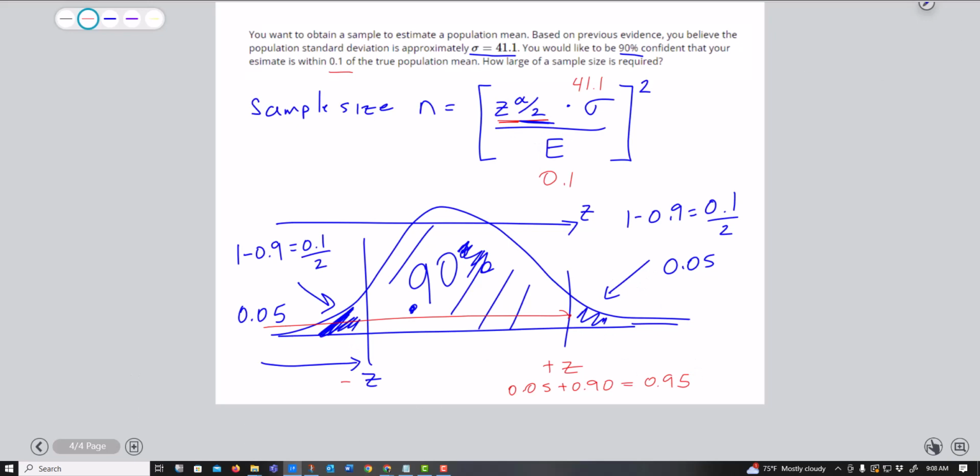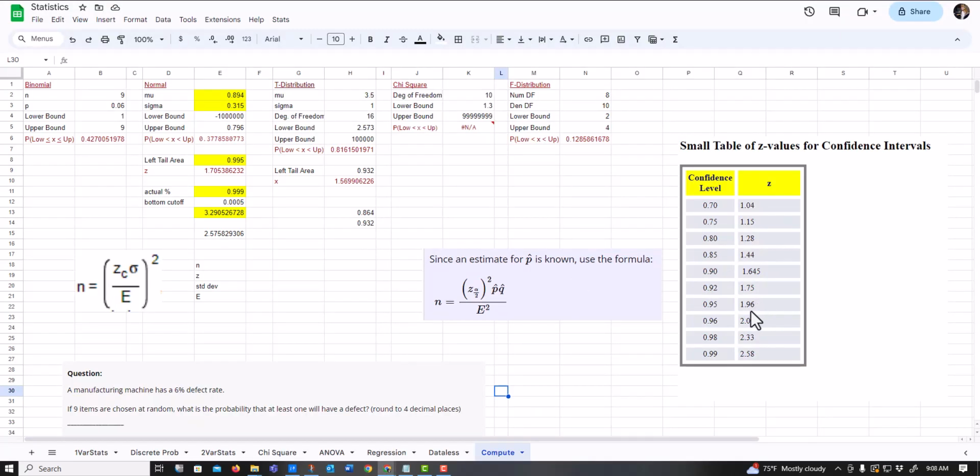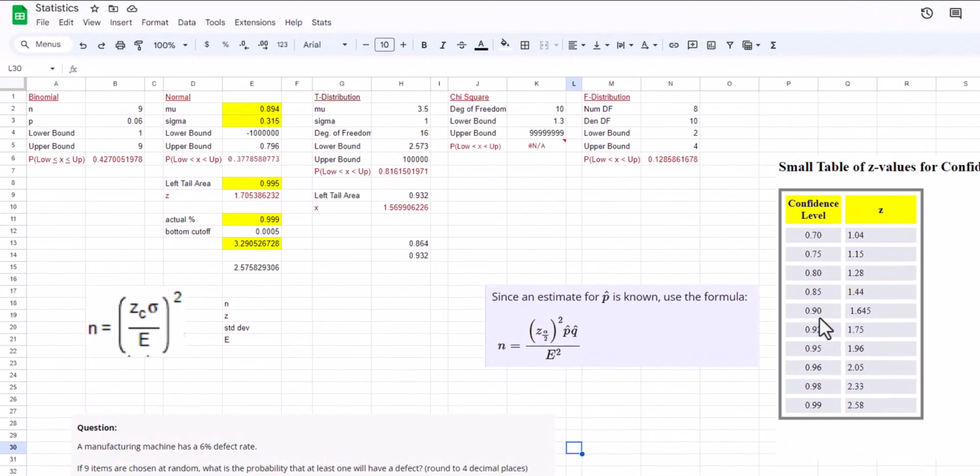All right, so let me see if I can do this. This is where I said a lot of times you'll find cheat tables, and these are great. This automatically tells me I should get this 1.645 right away, and I don't even need to do this formula. But what if I asked you to find a 91%? Uh-oh. What if I asked you to find a 97%?